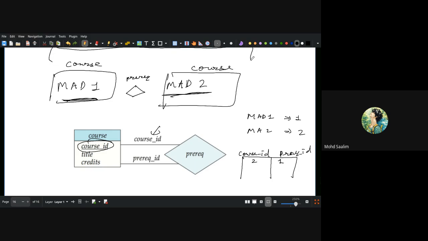Please see this diagram very carefully, and you will realize it is simpler than it looks. This is just a special representation for when you want to describe a relationship in the same entity set, just like the scenario that we are discussing. Got it?